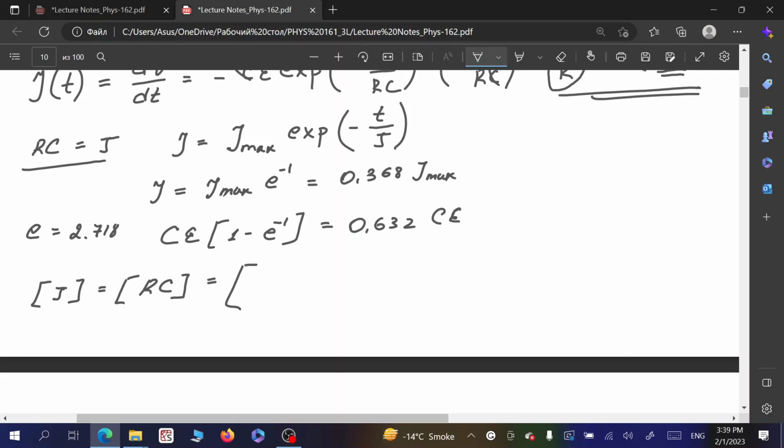That is potential difference divided by current, delta V over current. So that stands for resistance. How do we define capacitance? That is charge divided by potential difference.